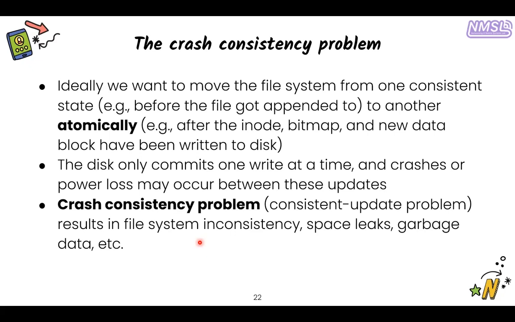The issue, however, is that a disk only commits 1 write at a time, and crashes could happen anywhere in between. So we have what is called the crash consistency problem, or some people call it the consistent update problem, that results in, as we have already seen, file system inconsistency, space leaks, garbage data, etc.